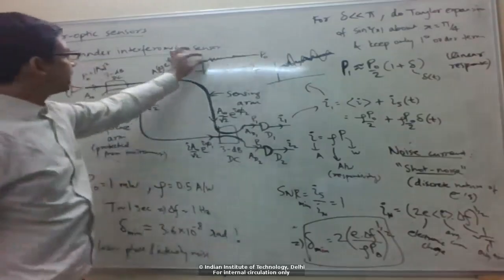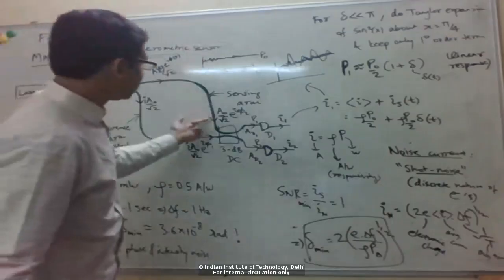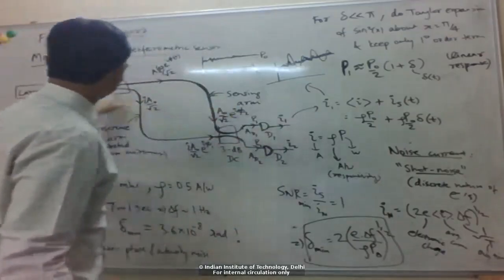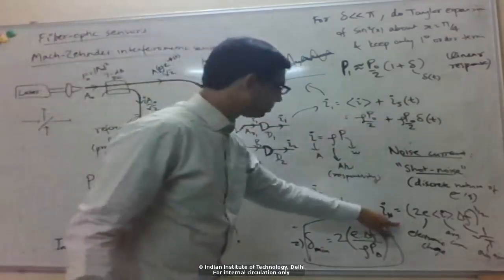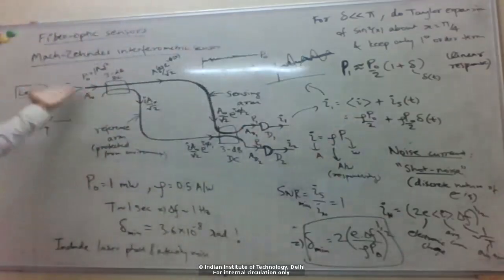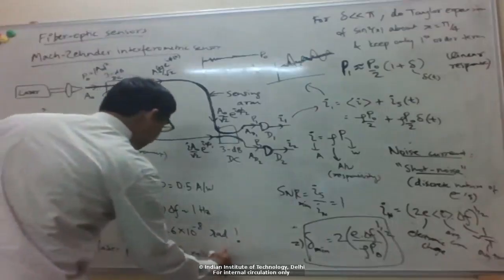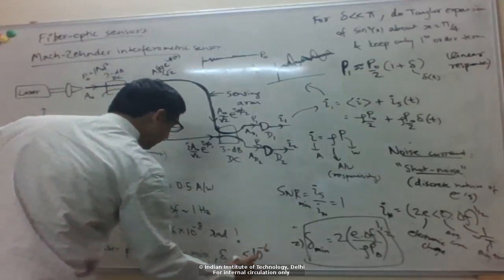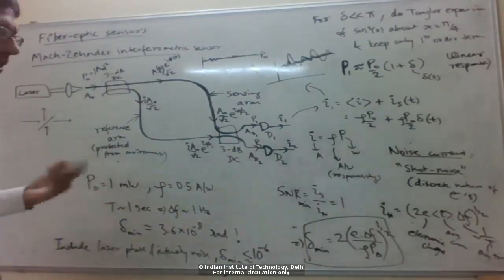Every laser has some noise, and you can see that this noise will translate into my current noise, because here P1 and P2 will have some noise coming from P0, and that will add to my noise current. So if we include laser noise also, this typically goes up a little bit, but you can still get sensitivity below 10 to the minus 6, even including laser noise.